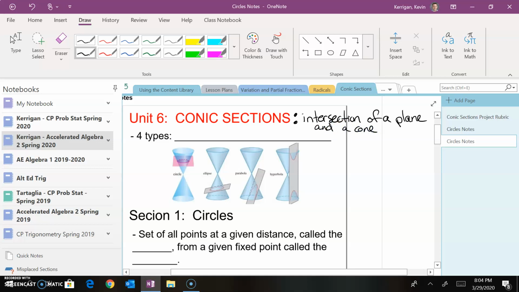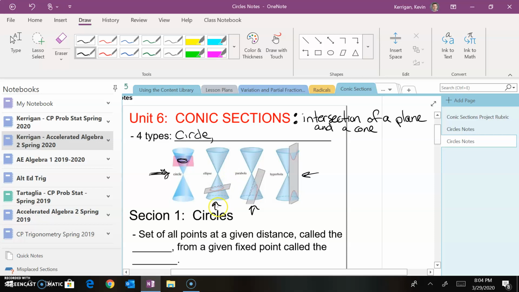So what that means is if you look down here at these four pictures, if I take a cone and I just take any old plane, think of it like a piece of paper, and I slice straight through this first cone here, this slice that it makes is going to be the shape of a circle.